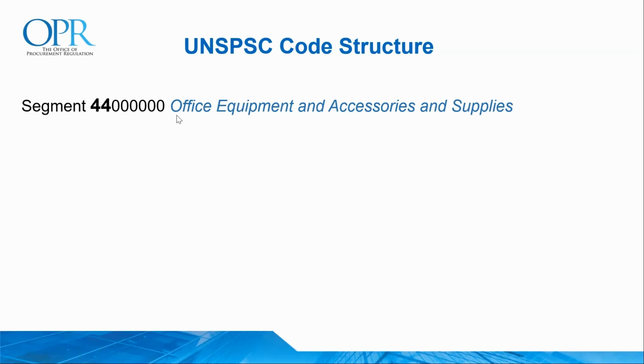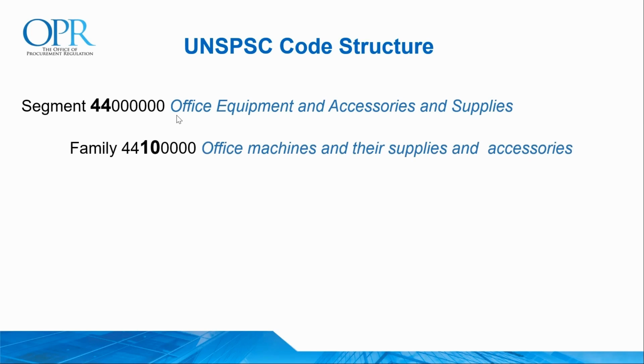If we look down to the second level, the family, we will notice the description is office machines and their supplies and accessories. Note here that the code now is 4410, 10 being the family, but 44 inherits the segment code.